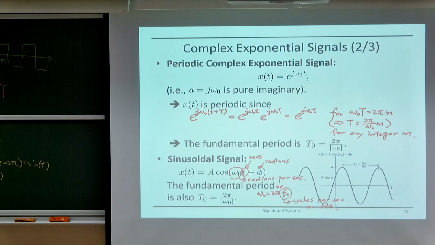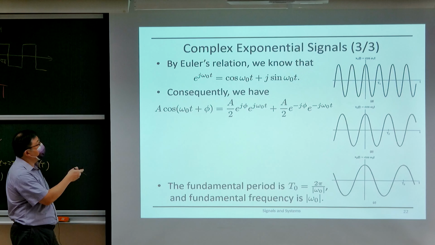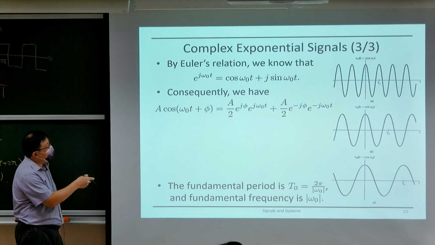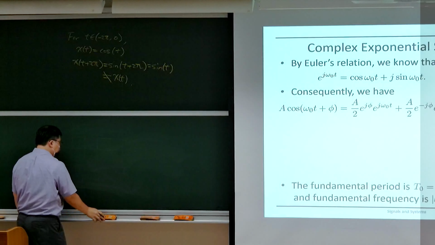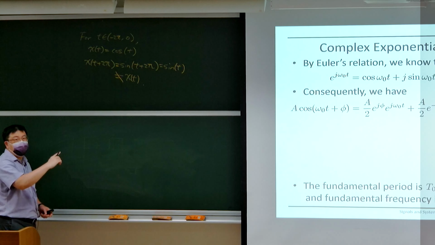Euler's relation tells us that e to the j omega naught t can be written as cosine omega naught t plus j sine omega naught t. So if you plot this out on a complex plane, this is basically a vector at the unit circle.